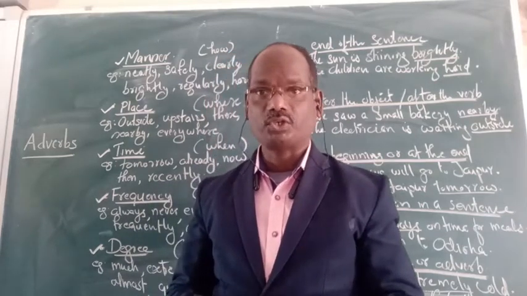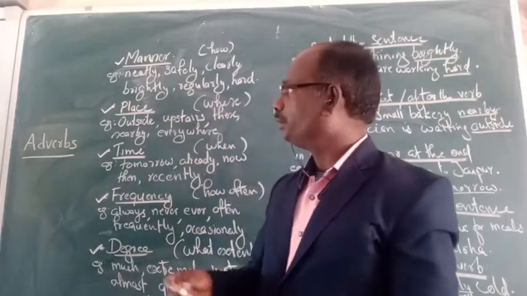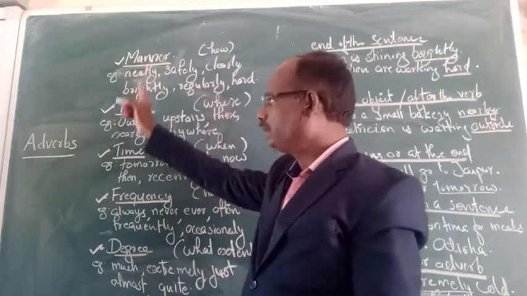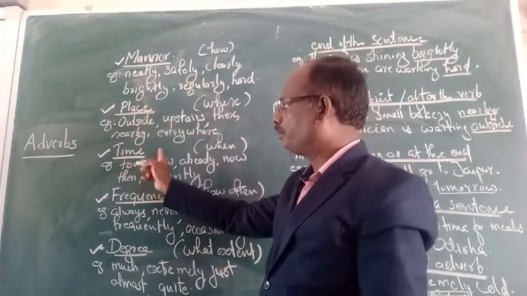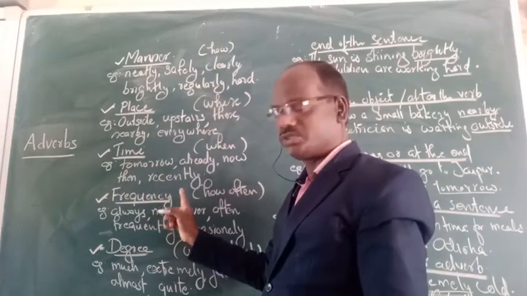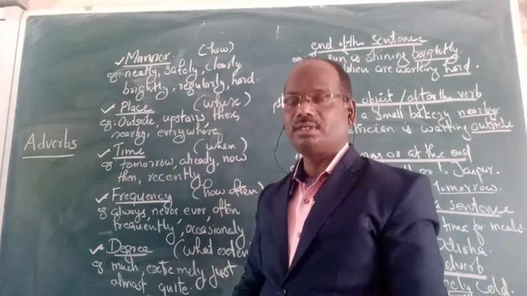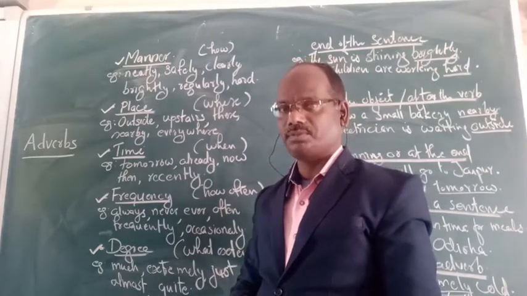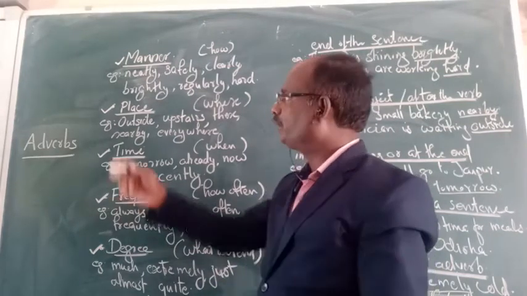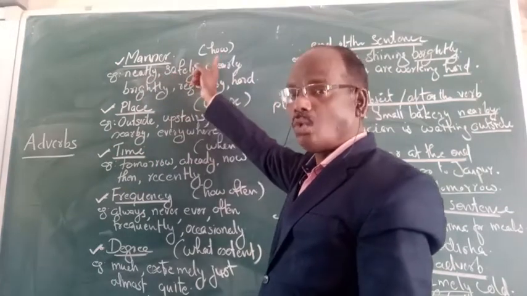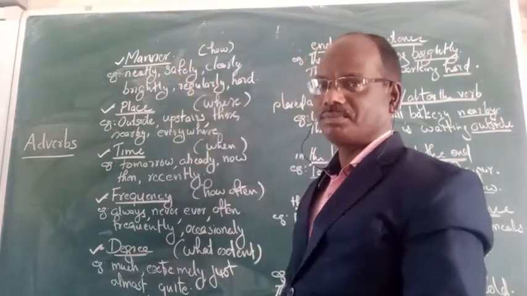Then we learned the different kinds of adverbs. What are the different kinds of adverbs? We know the adverb of manner, adverb of place, adverb of time, adverb of frequency, adverb of degree. These are the different kinds of adverbs. The adverb of manner tells us how an action takes place.